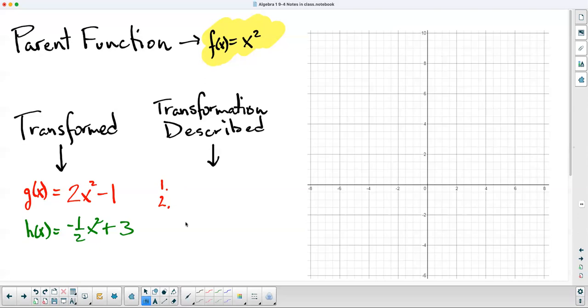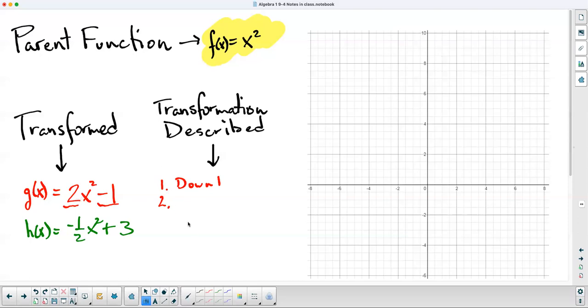What are the two changes on the red one? The order you say them doesn't matter. We've got a 2 and we've got a -1. It's down 1. Down 1, good. And the 2, you can say it two different ways.